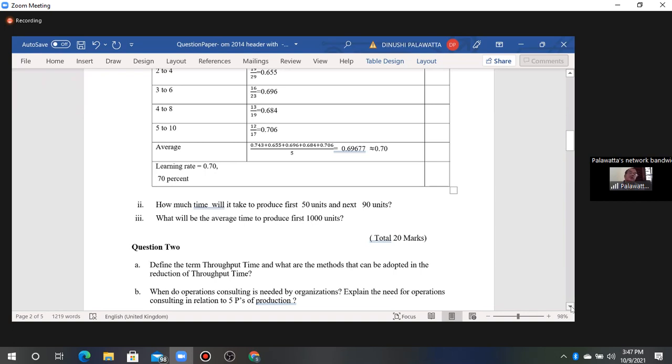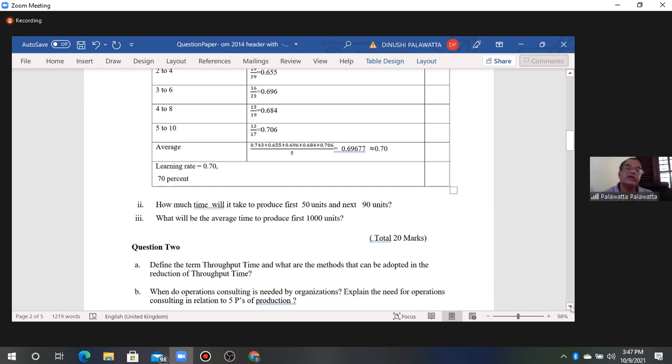That's why we consider 1 to 2, 2 to 4, 3 to 6, 4 to 8, 5 to 10. These are all the numbers where you have the output doubling situation. Okay, thank you, sir.